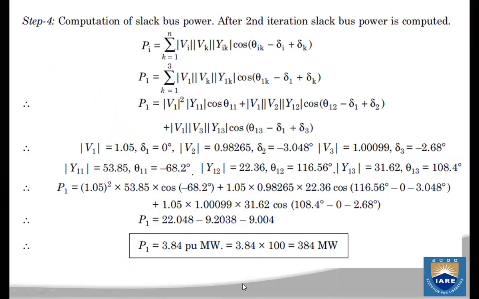By using the expression Pi is equal to sigma of k equal to 1 to n, magnitude of Vi, magnitude of Vk, magnitude of Yik into cos of theta ik minus delta i plus delta k. What is this equation? This is one of the static load flow equations.